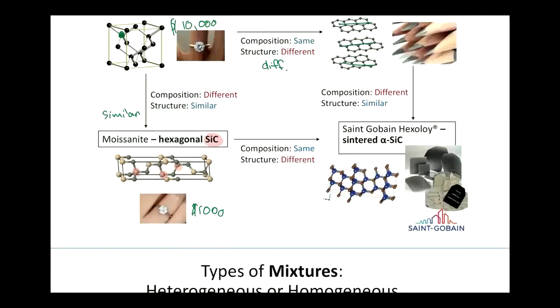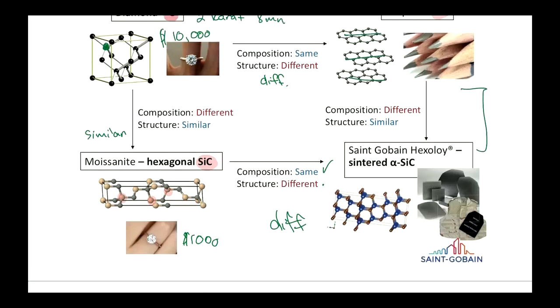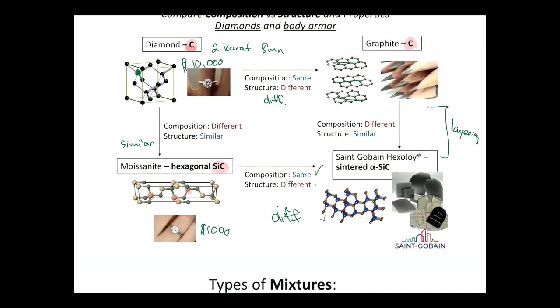And so we see, yes, we get a different structure, different properties when we go from moissanite to body armor, but we see, oh, the composition stayed the same, but now the structure is different. The structure of body armor is similar to that of, just look up with your eyeballs, graphite.